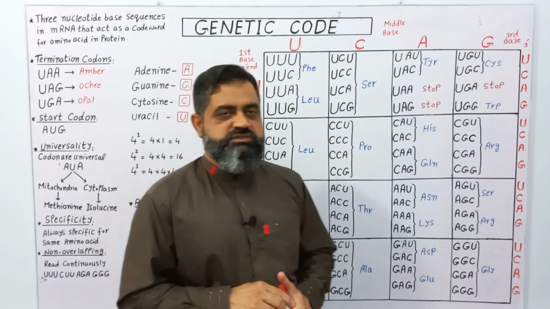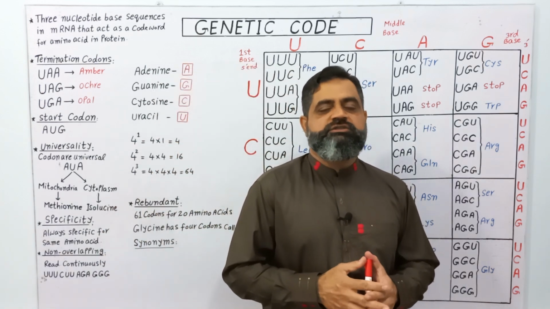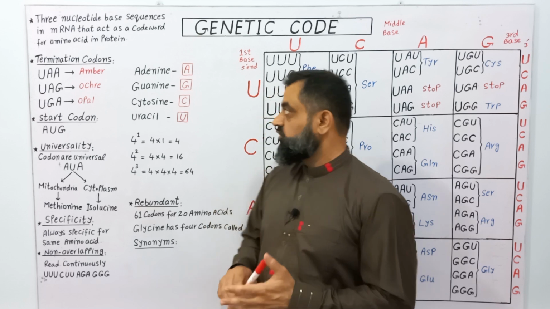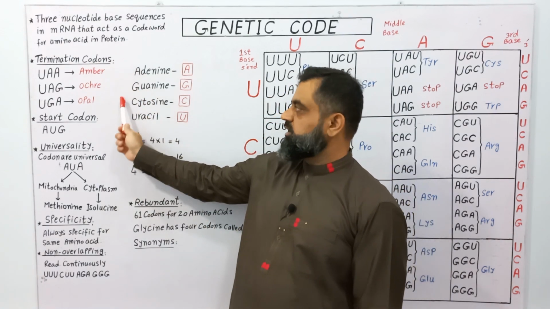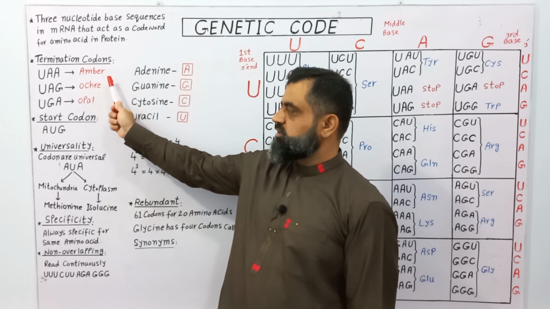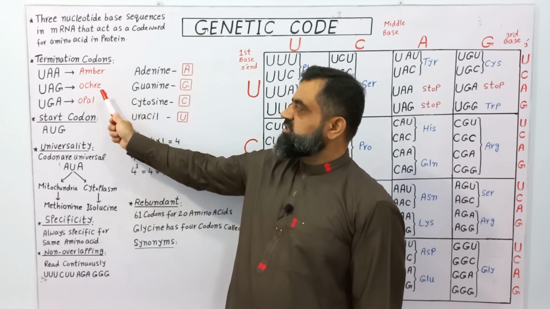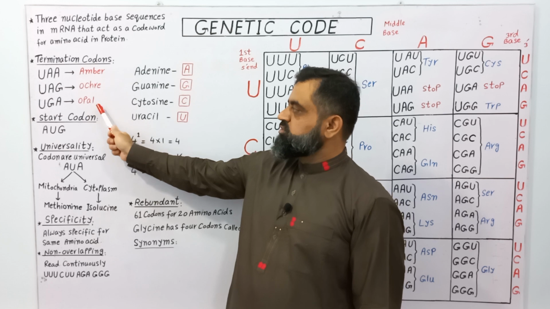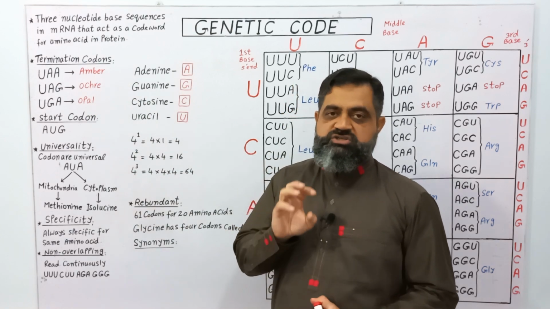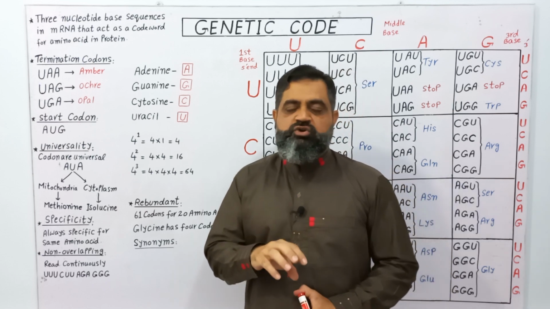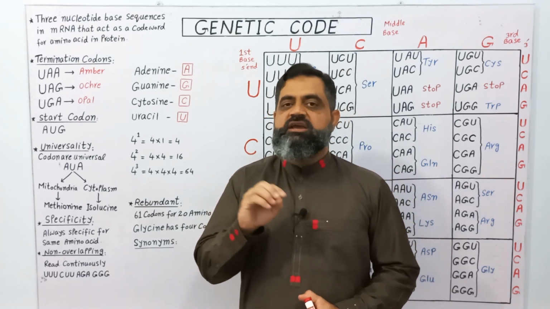Now we are going to discuss these properties of genetic codons one by one. First of all, I'm going to repeat termination codons. There are 3 termination codons: UAA, which is known as amber, UAG, which is known as ochre, and UGA, which is known as opal. These are nonsense codons, stop codons, because they do not represent any amino acid.